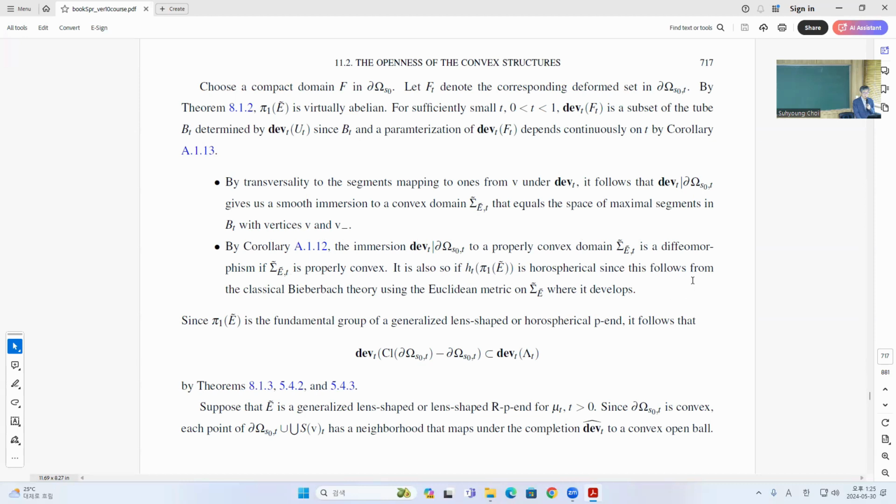So if this is horospherical, then these will depend on using some Euclidean metric when it develops. And then you also have this condition that the boundary will be in these limit sets. Maybe there should be a depth there, sorry, but anyway.